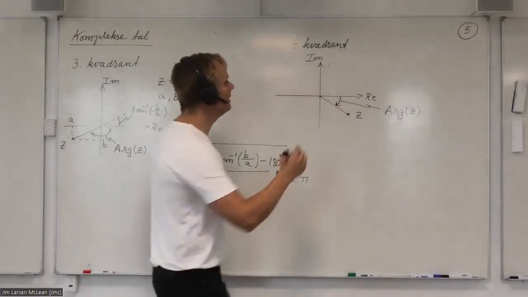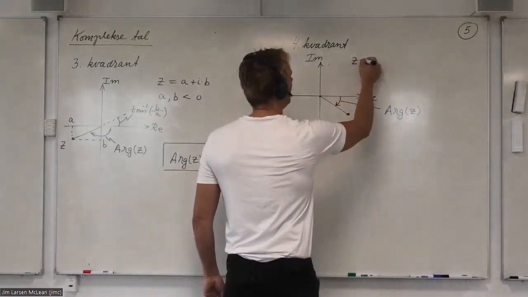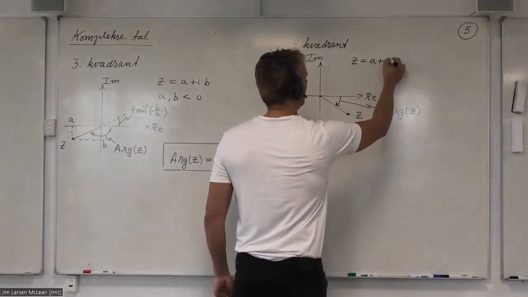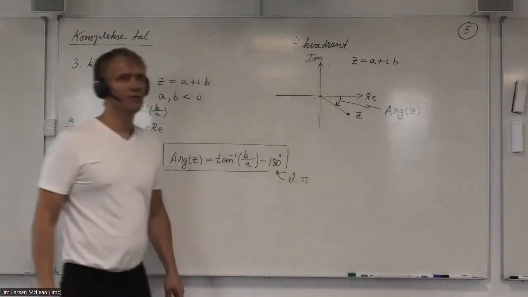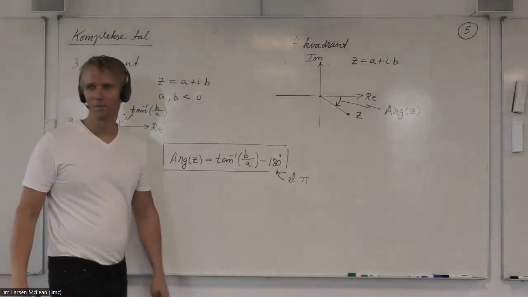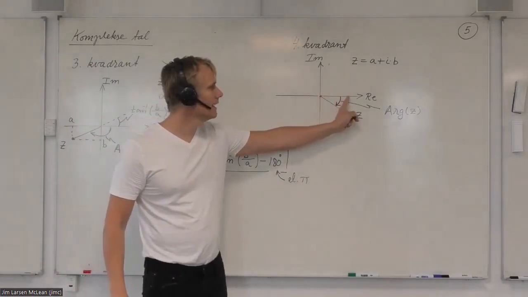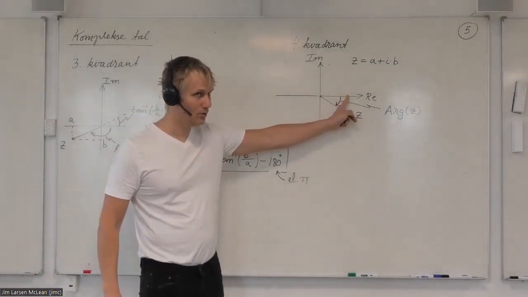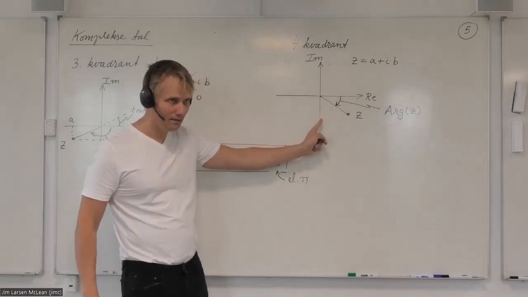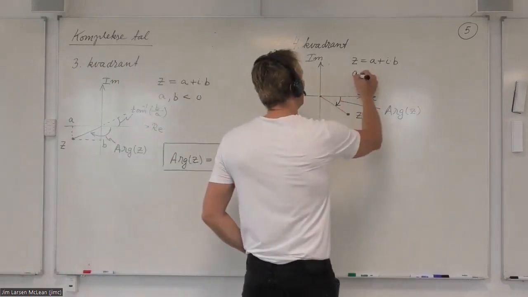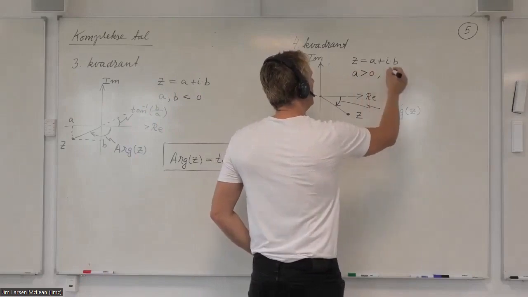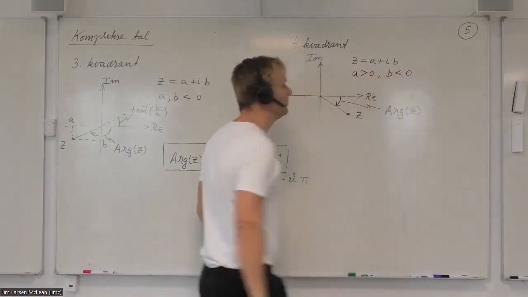Okay, what else do we know? Well, we know that z is a plus ib, because that's how we always write z in general form. And when z is down in the fourth quadrant, I know that the real part is positive and the imaginary part is negative. So I can say here that a I know is greater than 0 and b I know is less than 0.